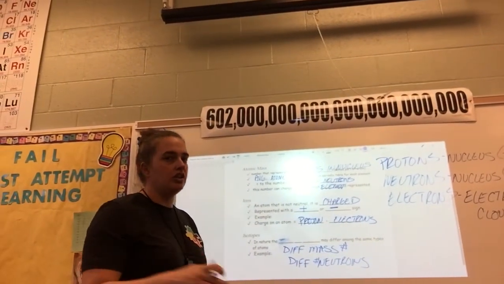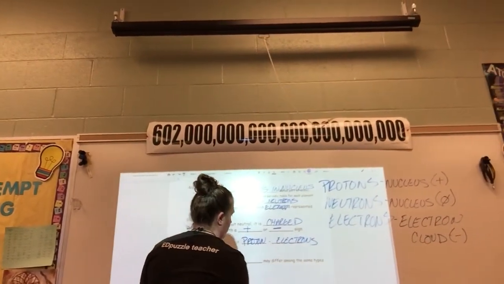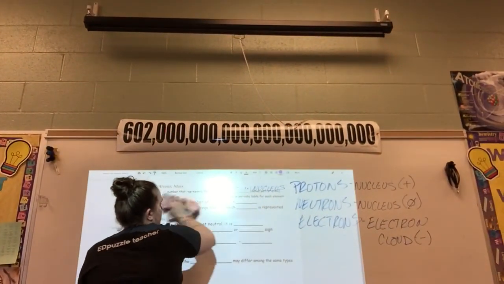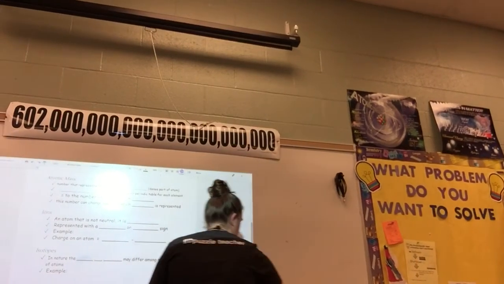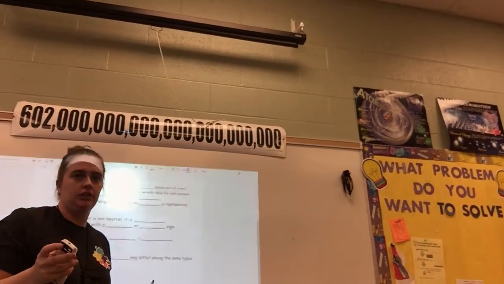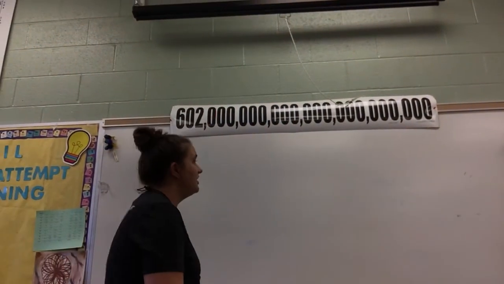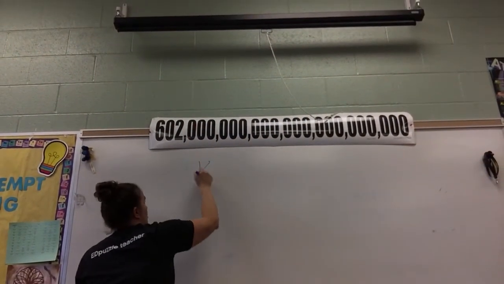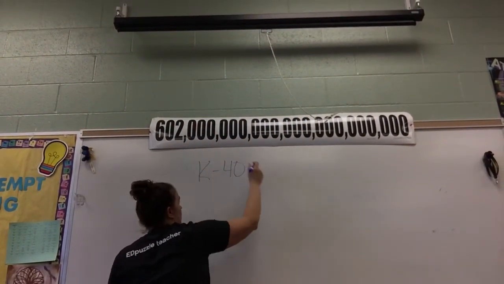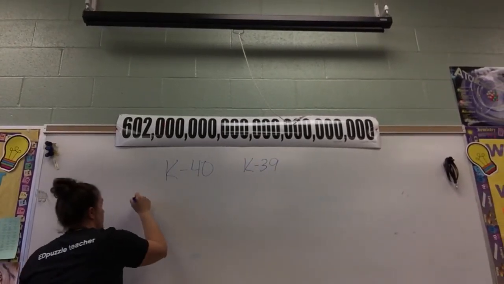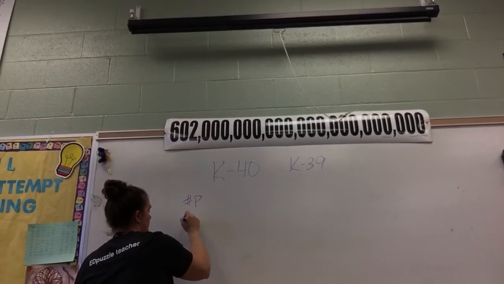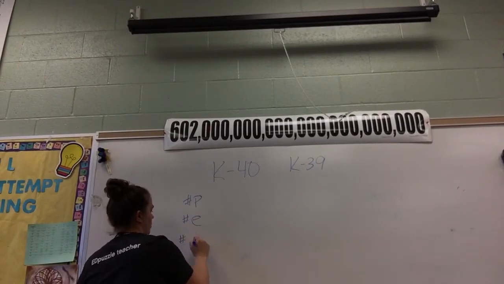Okay, so let's take a look at a few. I'm just going to erase all of this. So let's take a look. If I take a look at potassium 40 and potassium 39, and I ask you the number of protons, the number of electrons, and the number of neutrons.